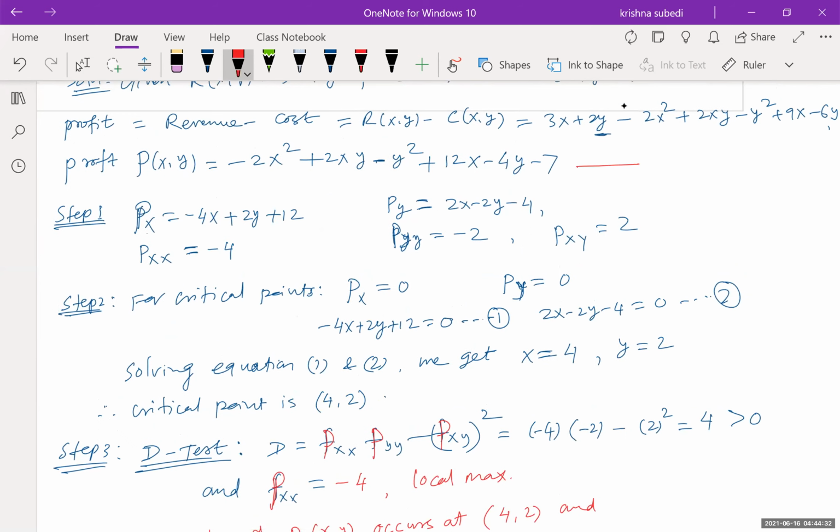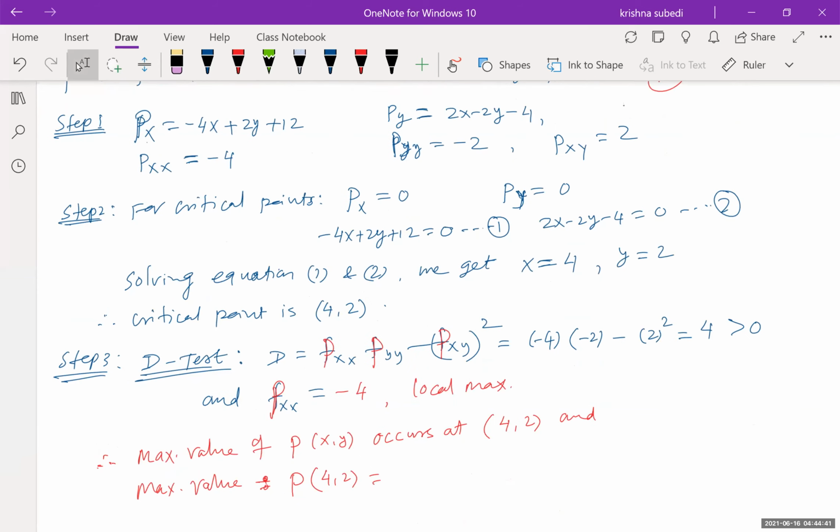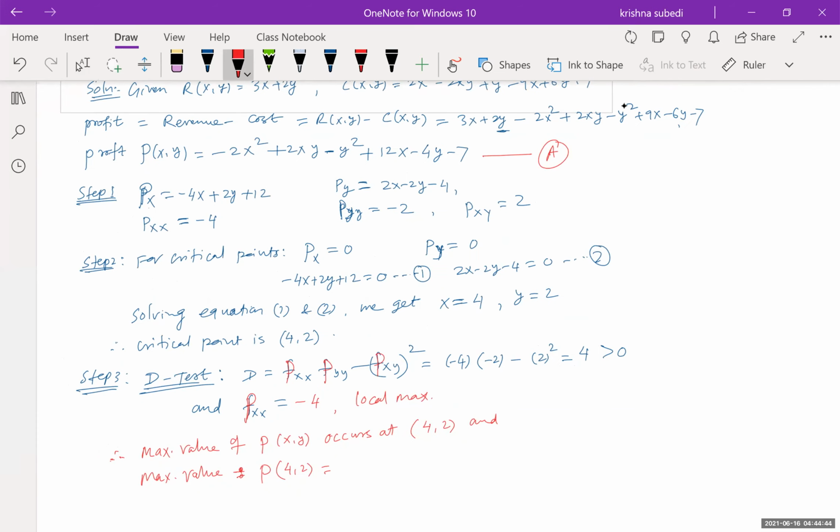Let's say this is equation A. So that equation is negative 2 times 4 squared plus 2 times 4 times 2 minus 2 squared plus 12 times 4 minus 4 times 2 minus 7 equals, okay, how much is that? I got 13. I want to check that with you guys.